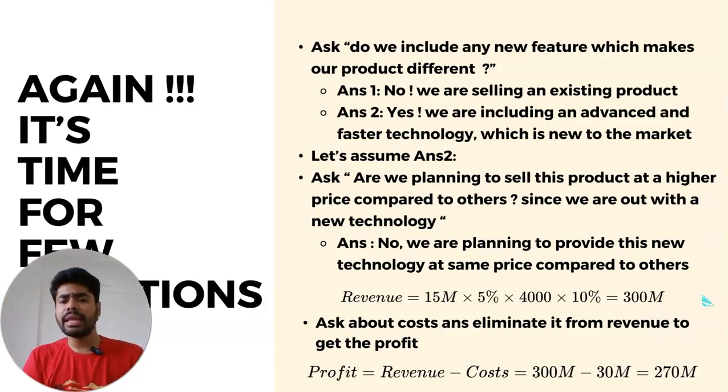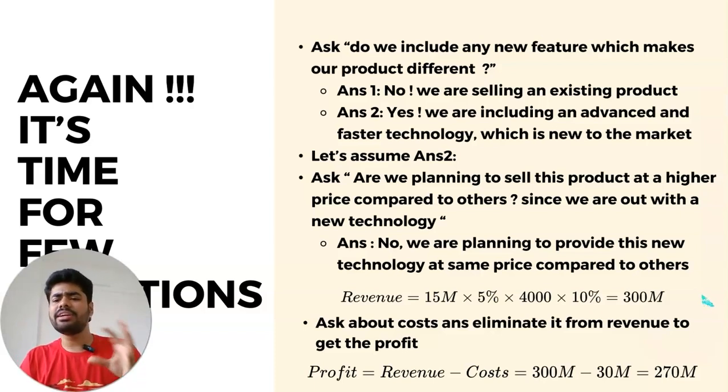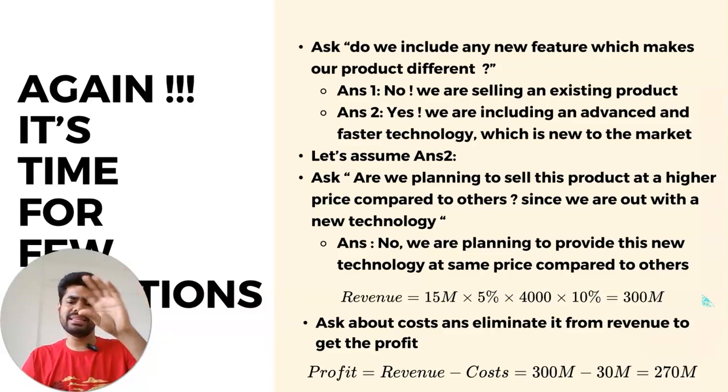Maybe the answer can be: yes, we are including an advanced and faster technology which is new to the market. For this case, assume the second answer, and your counter should be: are we planning to sell this product at a higher price compared to others, since we are coming out with a new technology? The answer can again be yes or no. If yes, he will say he wants to keep the price at a certain level.